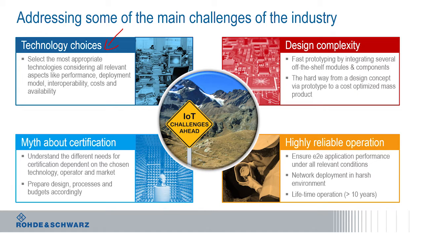Then we also recognize there is a kind of challenge in designing Internet of Things devices, if you're looking, for example, at the design complexity. Nowadays it's quite easy to make a prototype for the Internet of Things because you get a lot of development platforms and devices that you can easily use to make a first prototype, and you can show how IoT applications work and whether you can realize the ideas.